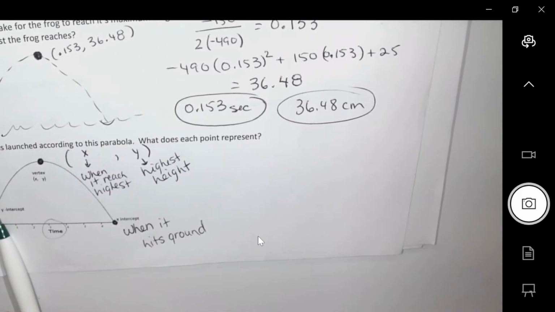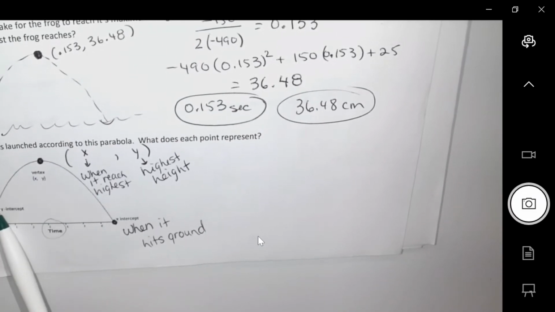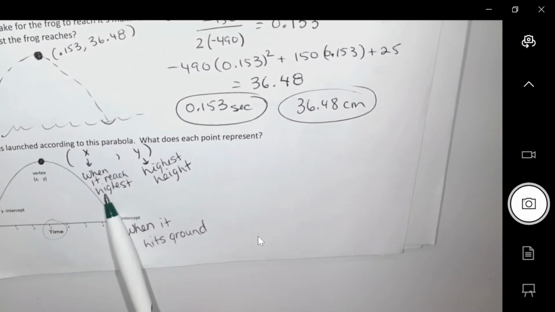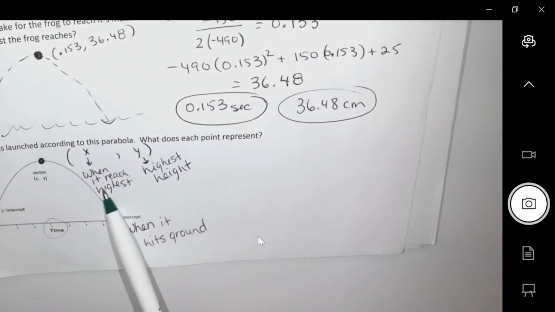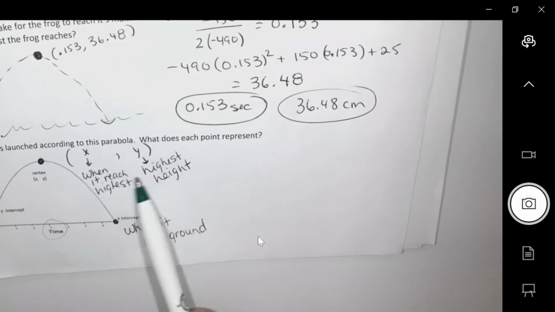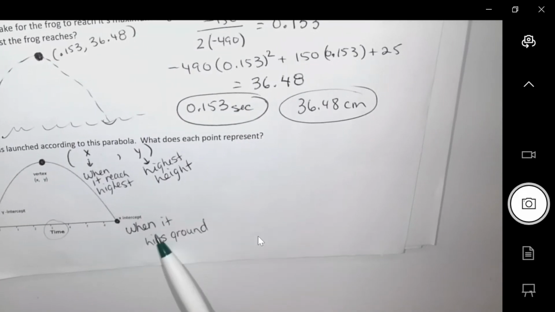So a y-intercept would represent where you're starting from, the height of something at the start. When you get to that vertex, it's telling you when are we reaching max height, comma, what is the max height? And then the x-intercept here is telling us when does it hit the ground.